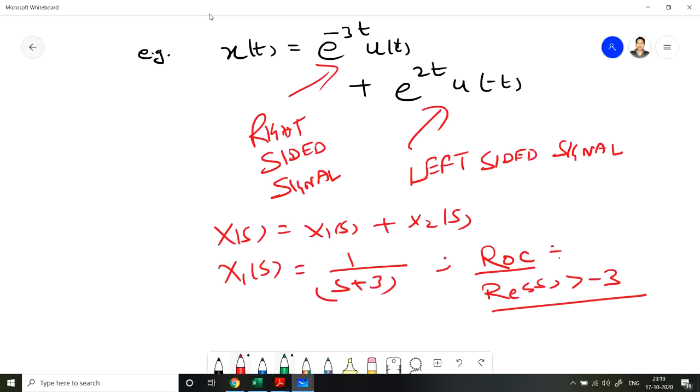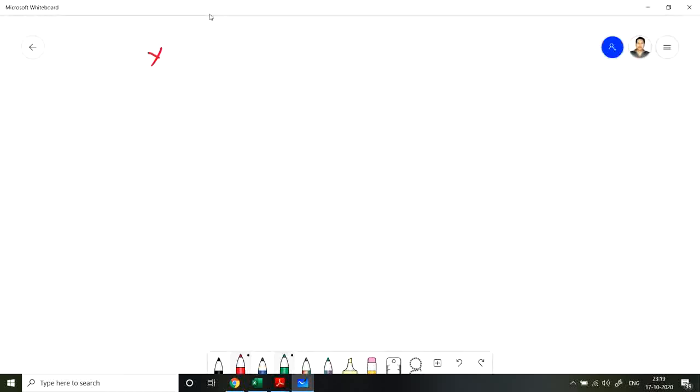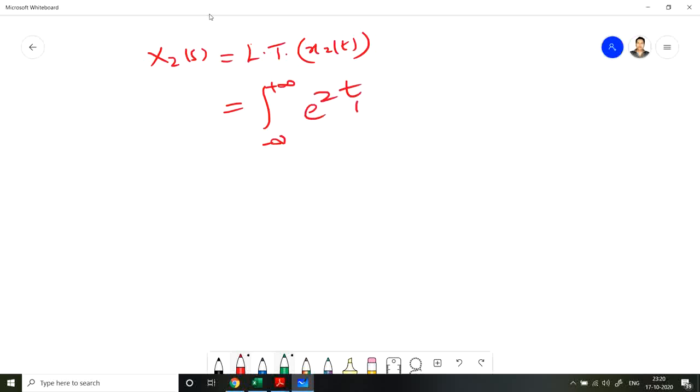Then the second thing is X2(s), the Laplace transform of x2(t), so minus infinity to plus infinity, we can find the Laplace transform of this signal e raised to the power 2t u of minus t e raised to the power minus st into dt.